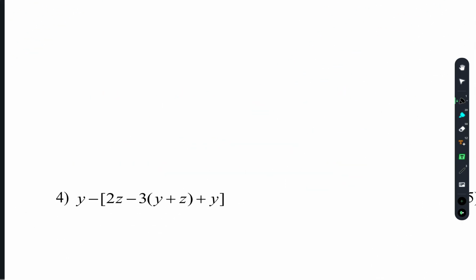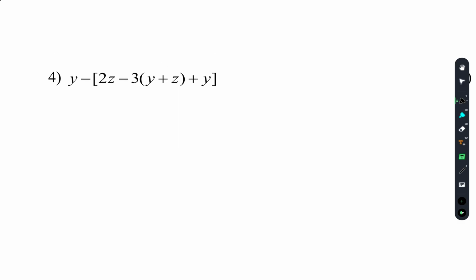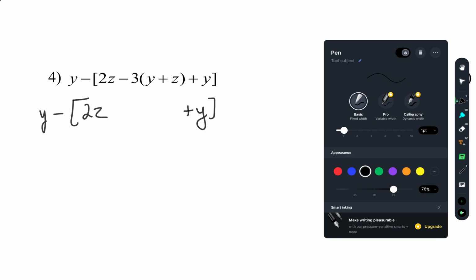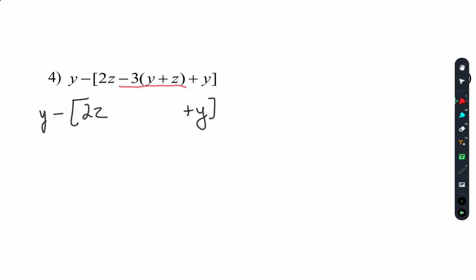And then even more crazy, when there's parentheses everywhere, it's going to drive you nuts. So start in the inside parentheses and work your way out. Okay. So like this y minus, I'm going to keep the 2z. I'm going to do the plus y, but I'm going to work with that one parenthesis here. So this guy. Okay. So I need to work with that parenthesis. Pay attention that you're distributing a negative 3y. So you're distributing a negative 3 to y and to z.